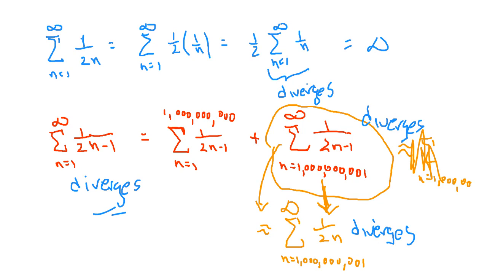So if your series behaves like a multiple of a convergent series, if the terms of your series are essentially multiples of the terms of a convergent series when n is large, and that series converges, then your series is going to converge, because a multiple of a convergent series is a convergent series.